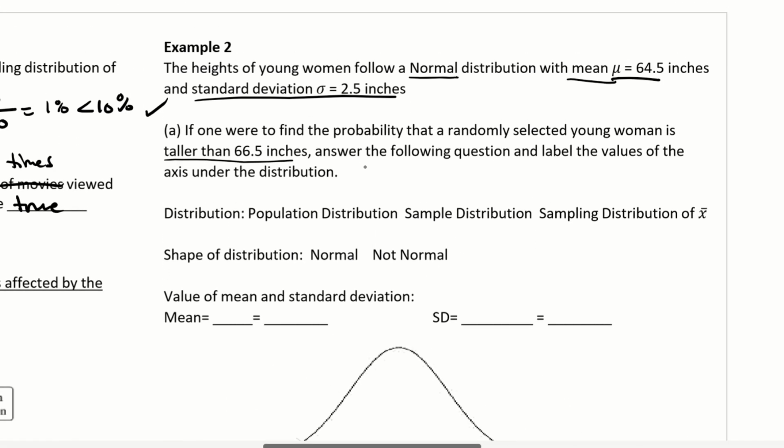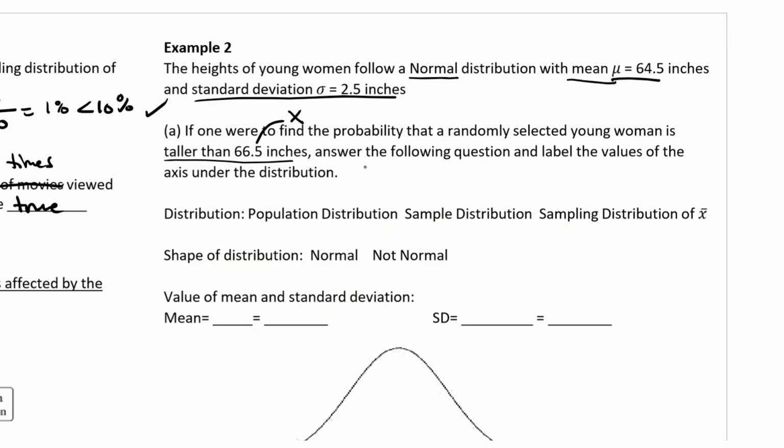All right, is this distribution right here that they're asking us for the population distribution, the sample distribution, or the sampling distribution of the sample mean, x bar? Well, they're asking us for a randomly selected young woman being taller than 66.5. So this is an X value. It's not an average of 66.5. It's a specific height.